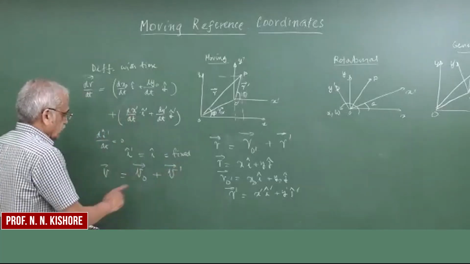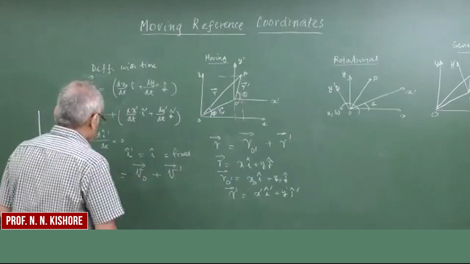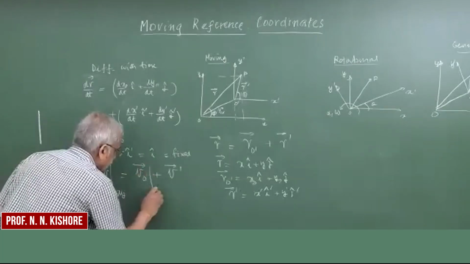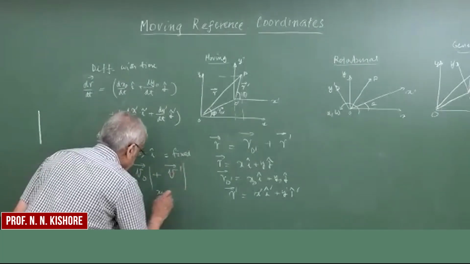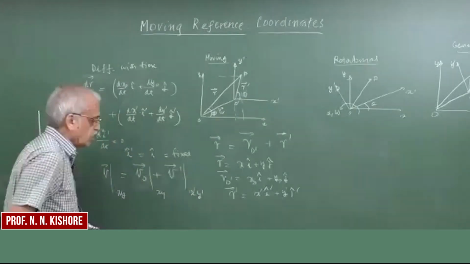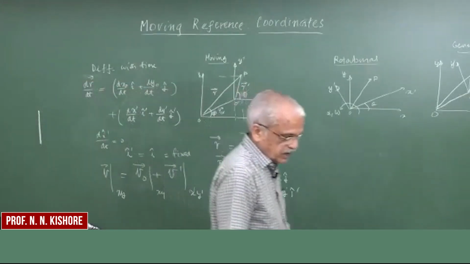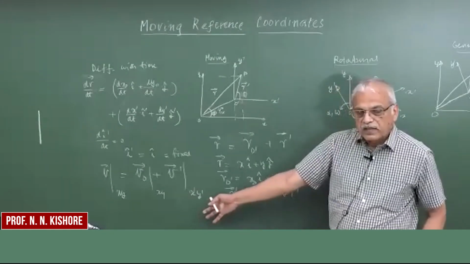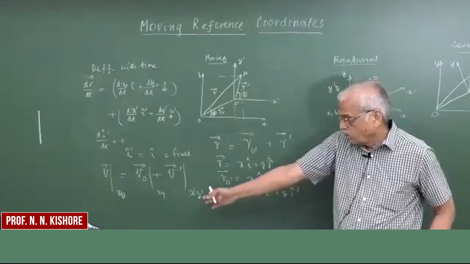Just to make sure, this is the observation in xy, and this also in xy, and this is in x prime y prime. In fact, x prime y prime is just parallel to xy, so it doesn't make much difference even if you drop the prime here.